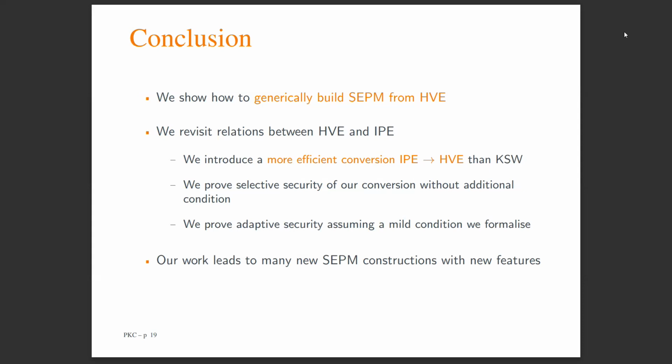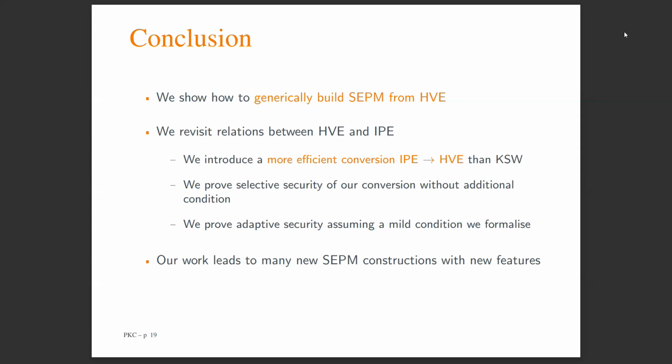We have also revisited the relation between hidden vector encryption and inner product encryption by introducing a more efficient conversion than the one proposed by Katz, Sahai and Waters. As we explained, this conversion always achieves selective security without any additional condition, but requires some mild condition, which we call key privacy, to prove adaptive security.